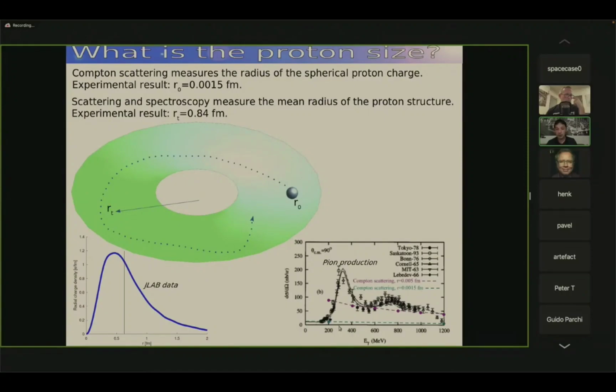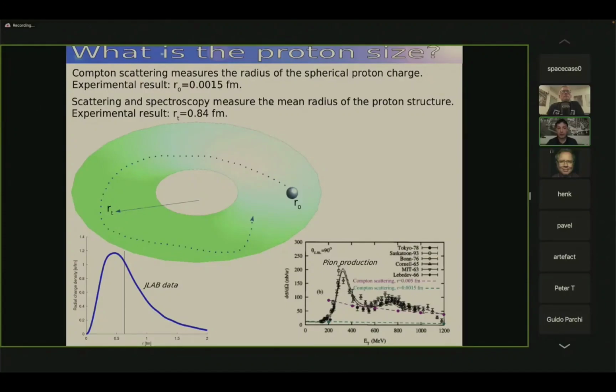I would like to note that this is not the mainstream interpretation. This is our interpretation of these experimental data, but I think it's a very direct interpretation. You take Compton scattering in this region, apply the Klein-Nishina formula, and you get the spherical charge radius.